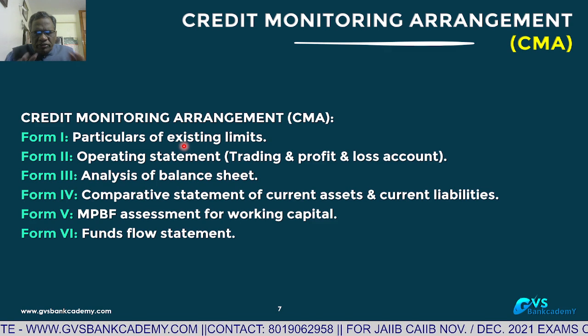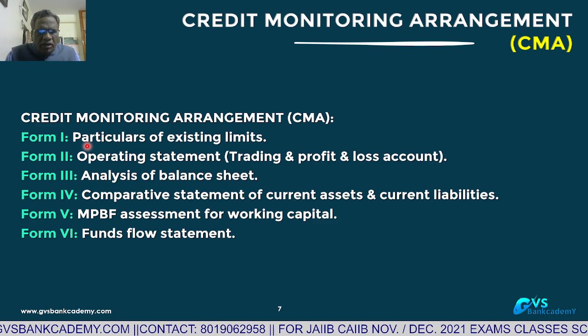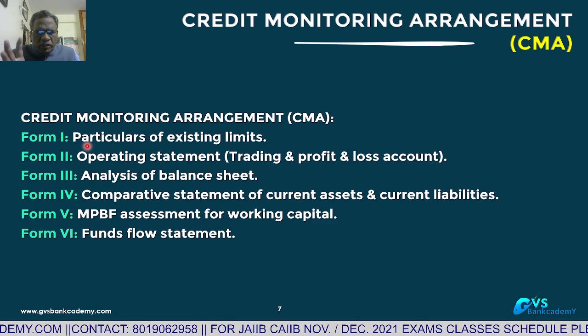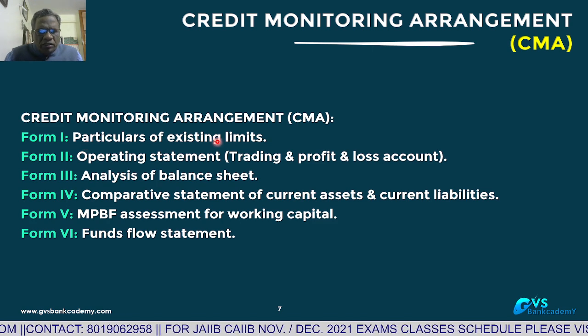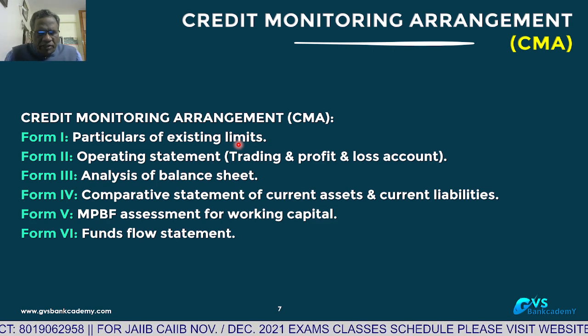What are the existing limits of the party? Under form number 1, we mention existing limits, its present outstanding and status of the account. Any overdues, any SMA 0, SMA 1, SMA 2 or NPA category, any overdues are there. That status, existing limits with outstanding, he will mention.